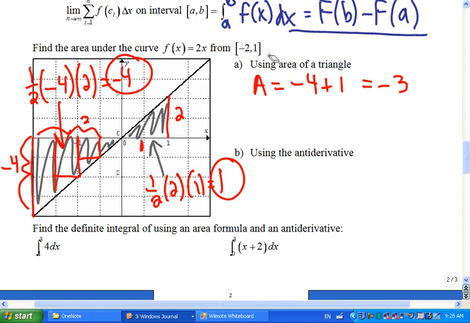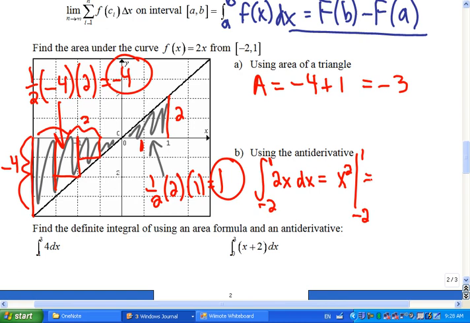Now let's try it with an antiderivative. Okay? So this would be the antiderivative. And here's the notation. It goes from -2 to +1 of 2x. And when we find it now, the way we usually write it would look like this. It would be x squared, and we write this bar to say evaluated at -2 and 1.